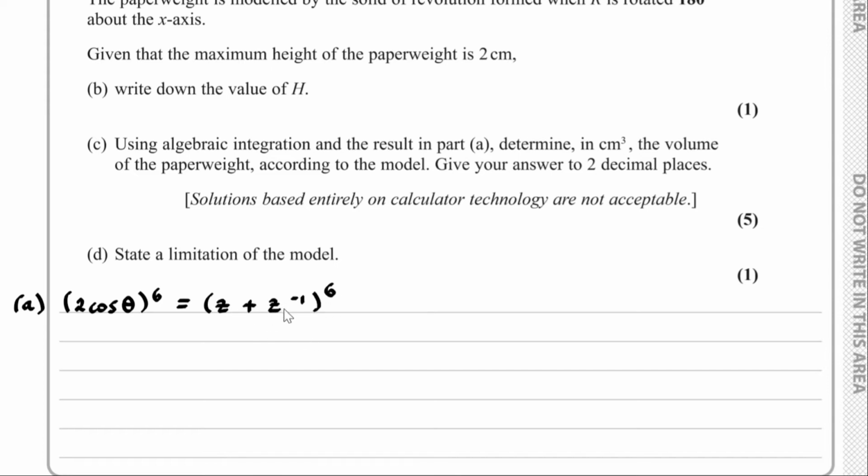Now z to the minus 1 is the same as 1 over z. And so 2 cos theta to the 6, that's the same as 64 cos theta to the 6.